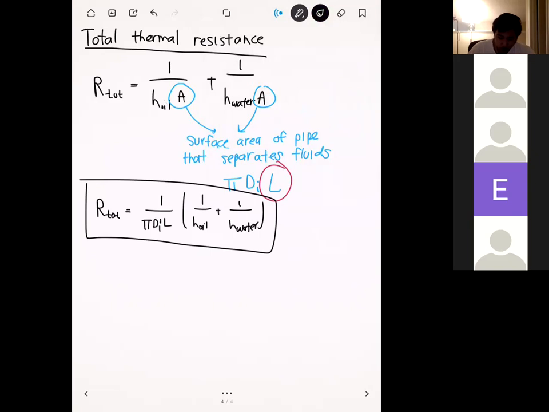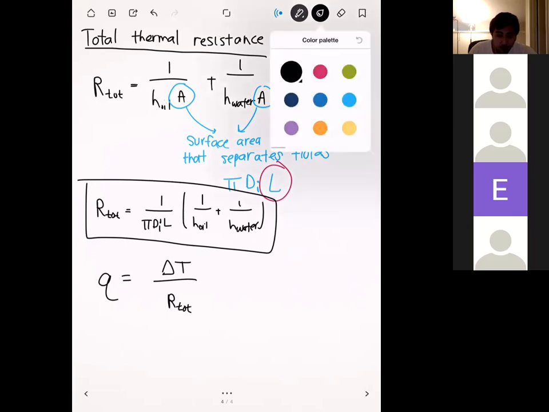Now that we have this expression for the total resistance, we can say that Q, the heat transfer rate, is equal to delta T divided by our total resistance. Then we'll use other expressions to solve for everything else in this formula, and use that to solve for L. From the problem, we can compute everything else here.